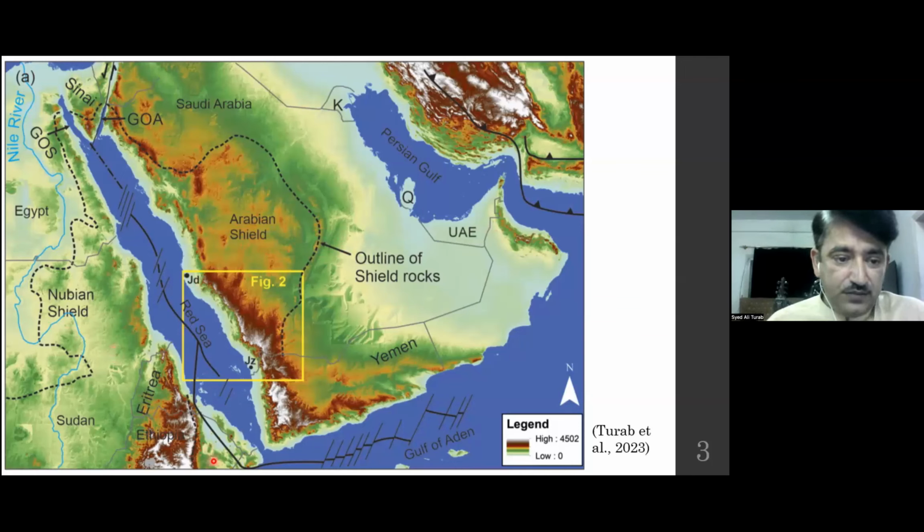The Afar mantle plume down here played a key role in the location of the rift, and the direction of the rifting was controlled by the subduction zone in the northern Neo-Tethys beneath the current Bitlis-Zagros thrust zone.